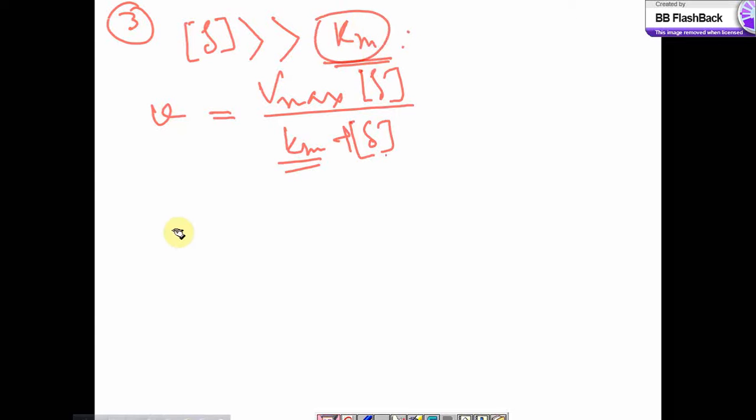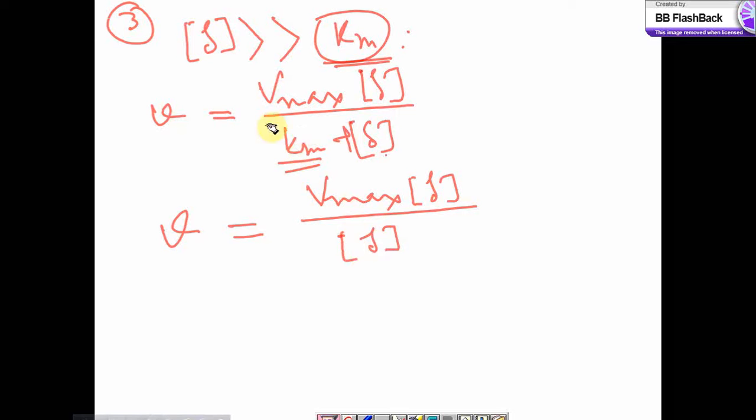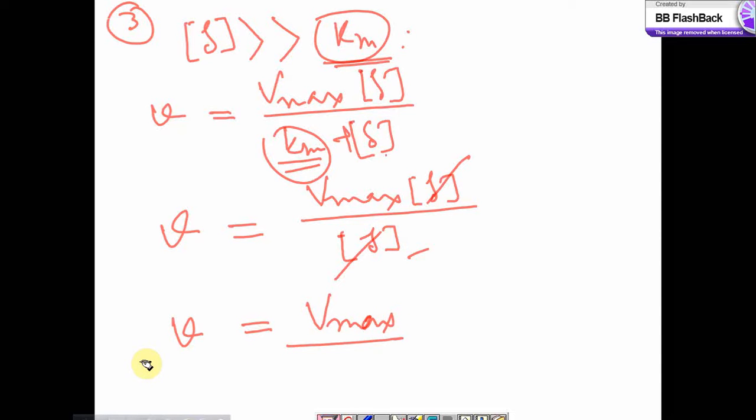Km is so small a part, you can ignore it, and you can write Vmax into the substrate concentration by the substrate concentration. You can cancel the substrate concentration as well. So here v is equal to Vmax.